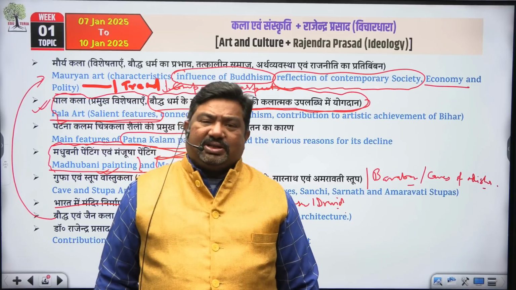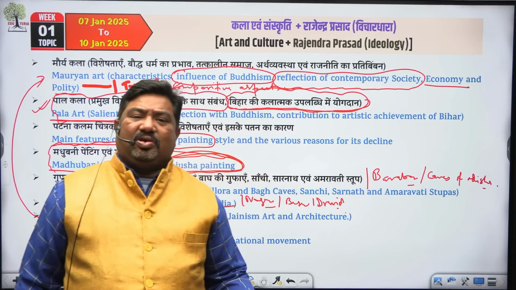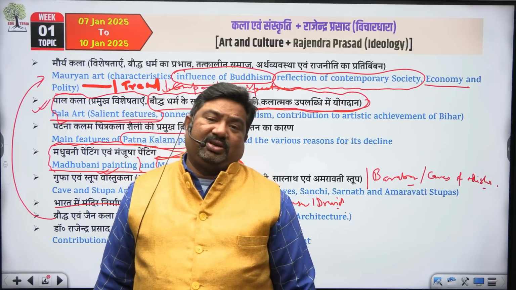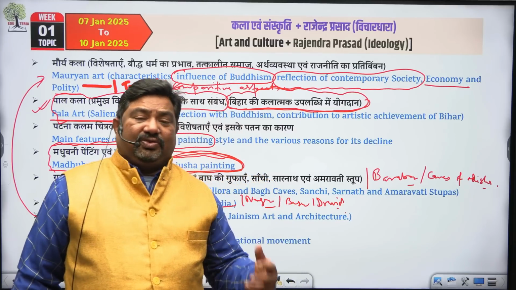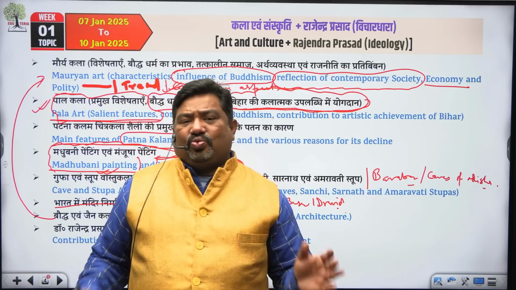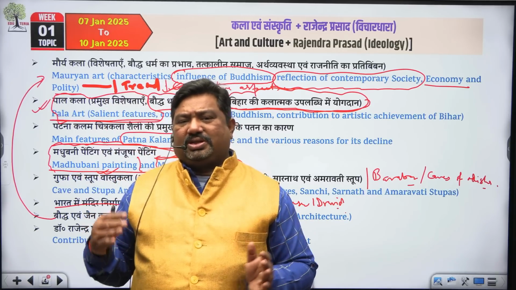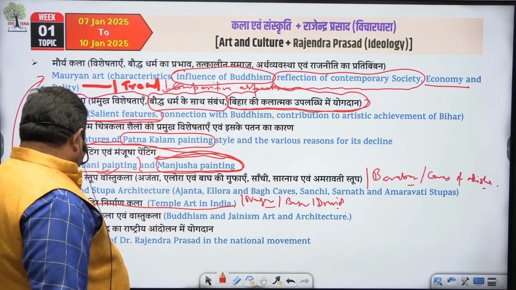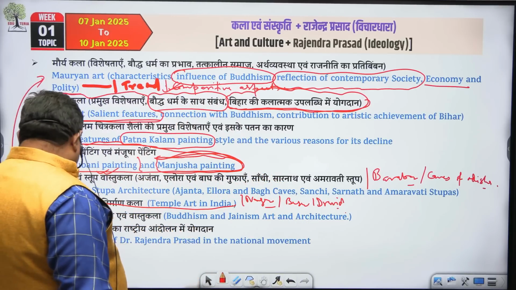So what is his contribution in the making of Bihar as well as in the making of the constitution? He was a great freedom fighter, known for his simplicity. Even after independence, twice he remained the president. So what is his contribution? Because he is related to Bihar, that is why they are asking you about Dr. Rajendra Prasad.